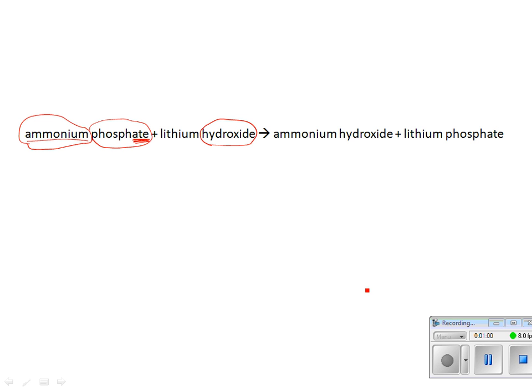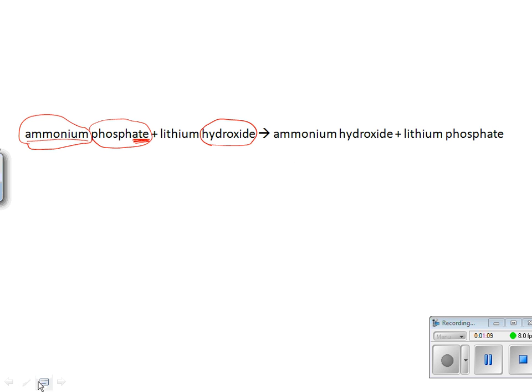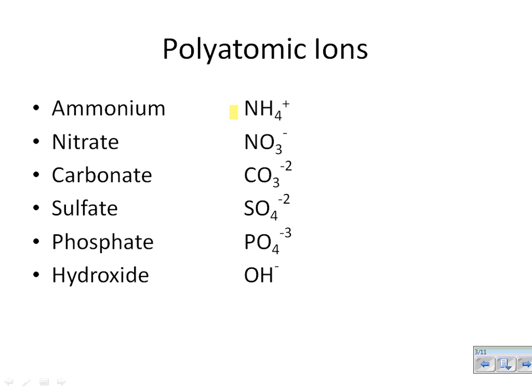So let's go to our list of polyatomic ions to get that information. If we look on this list, we'll see that ammonium is NH4 plus, phosphate is PO4 -3, and hydroxide is OH negative.